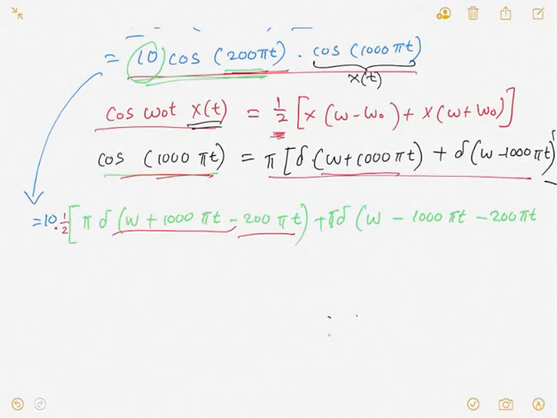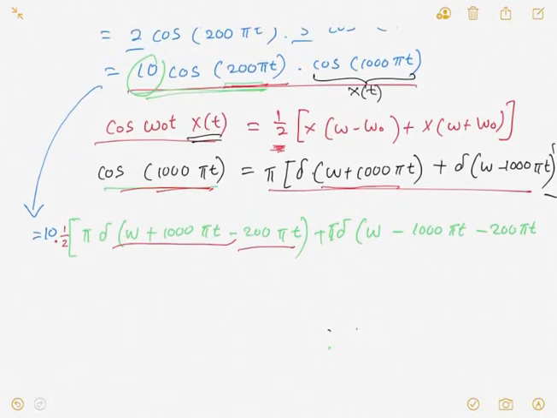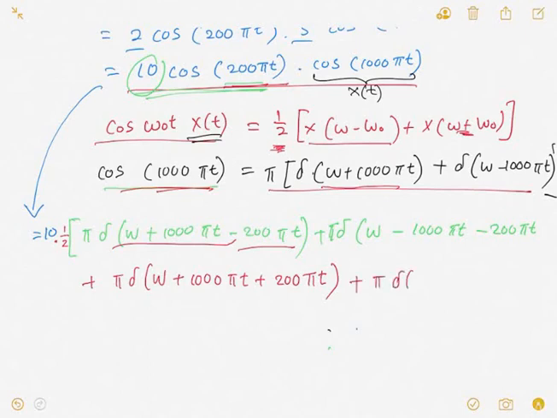Okay, so done or not? Not yet, right? This is just the first part. You still have the second part. So it's plus pi delta(omega plus 1000 pi plus 200 pi), so this is for the plus, and then plus pi delta(omega minus 1000 pi plus 200 pi).